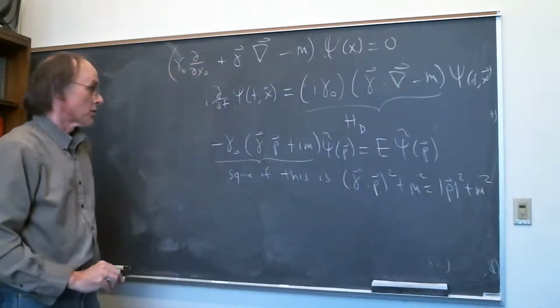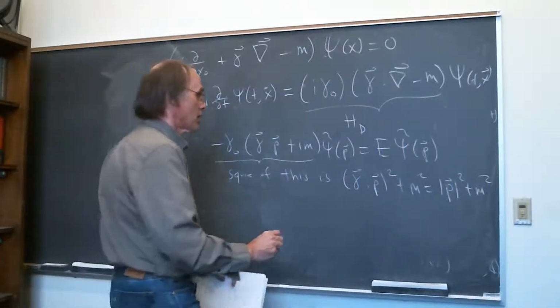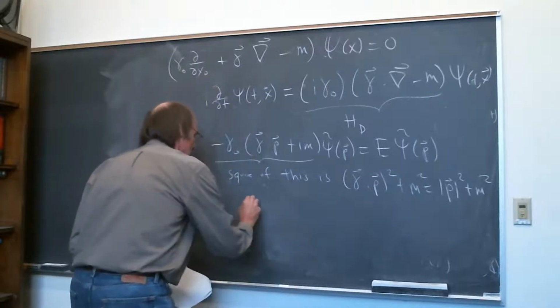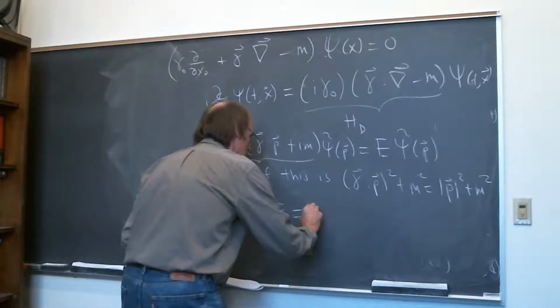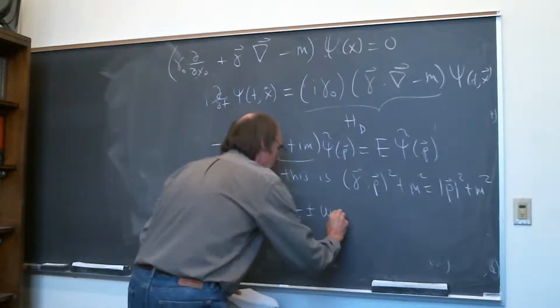So this implies E is equal to plus or minus what I've been calling omega of p vector.